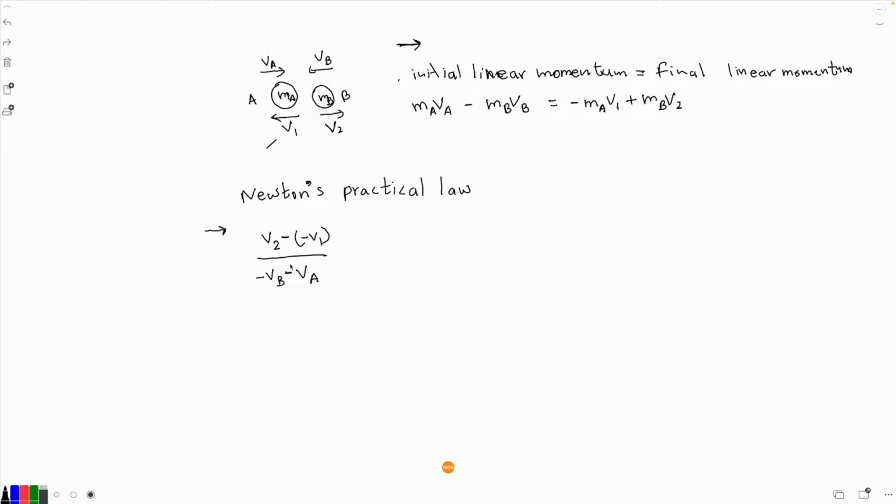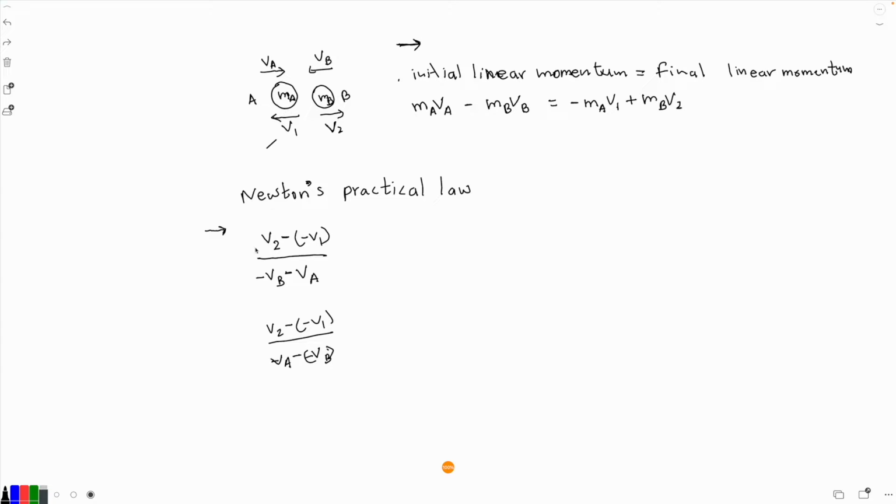So it means I cannot write v2 minus v1 over va minus vb. I cannot write the equation like this because v2 is the velocity of b and va is the velocity of a.